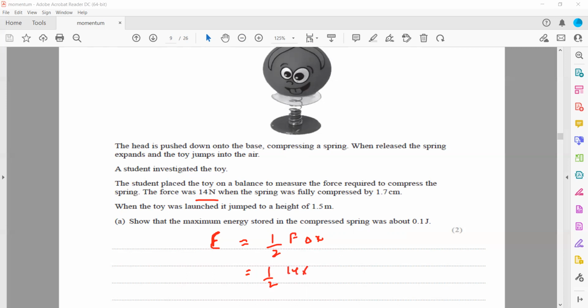It is compressed by 1.7 centimeter, but the extension or compression should always be in meter, the SI unit, so we divide by 100, which equals 0.017. When we simplify, this gives us the energy stored, which is about 0.119 joules. This is the amount of energy which is stored as elastic strain energy.